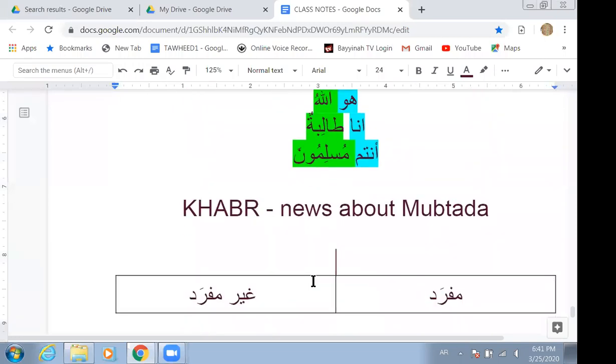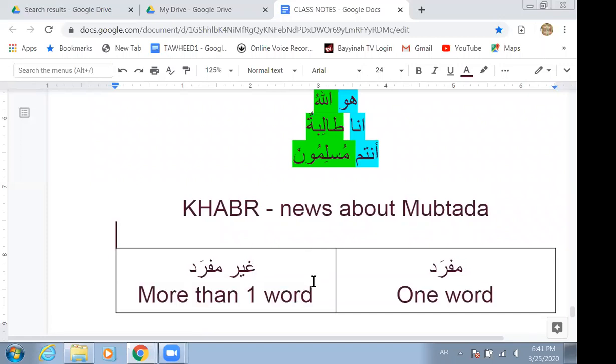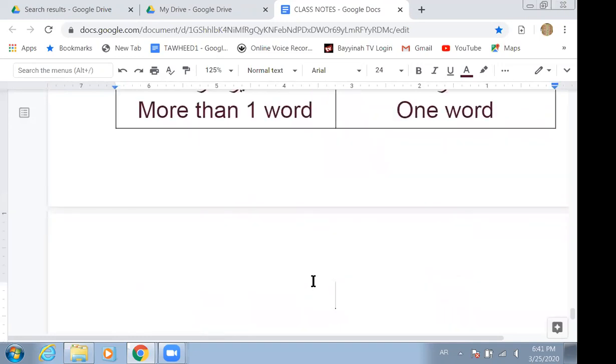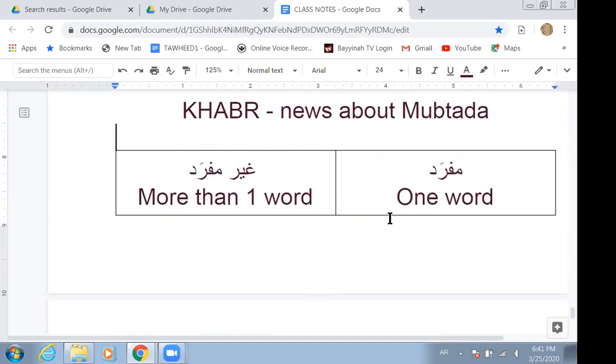Then khabar. Even in Urdu we know that khabar is basically the news. So khabar will give you the news about the mubtada, what is happening to the mubtada. There are two types of khabar. The first is mufrad, like we said, one word, or it's going to be ghayru mufrad, more than one word.